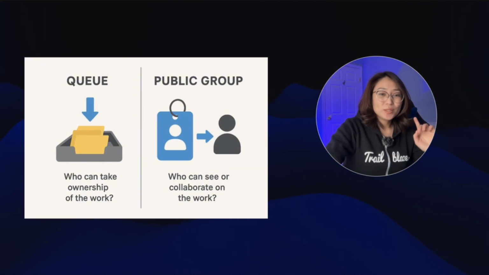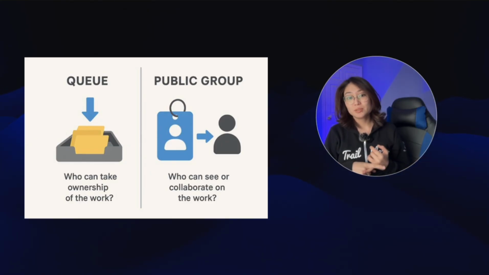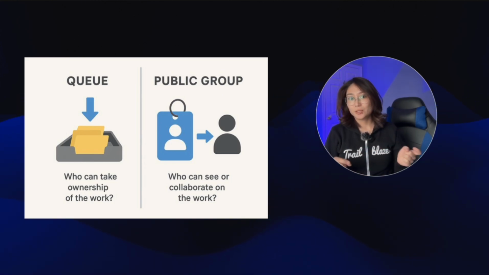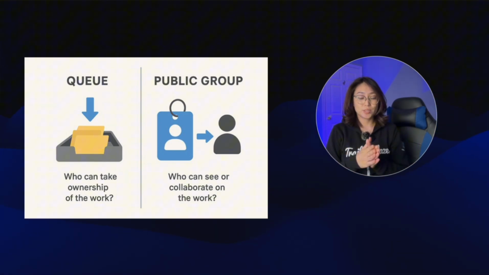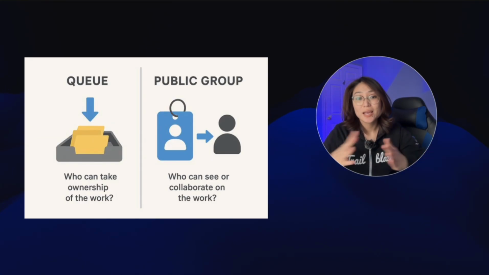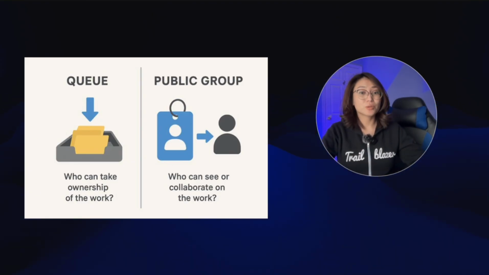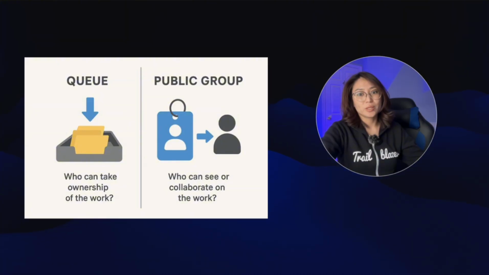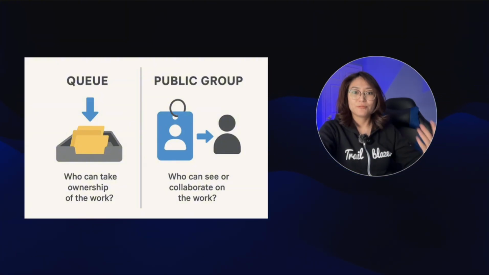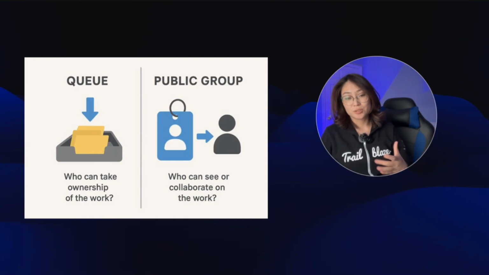So one very common use case is sharing. For example, instead of sharing records with individual users, you share them with a public group. Anyone who is part of that group gets access. Another use case is permissions. Public groups are often used when defining access rules or visibility rules in Salesforce.